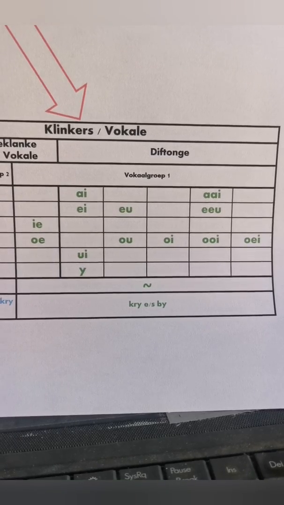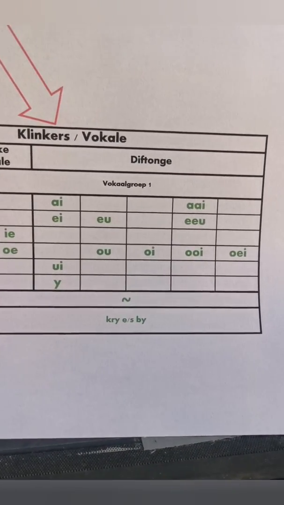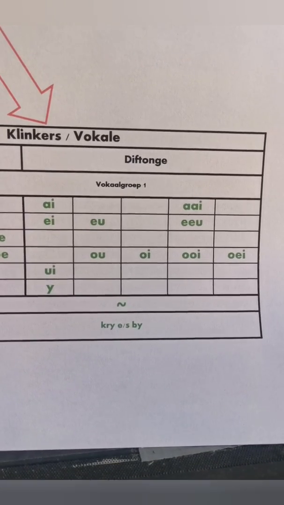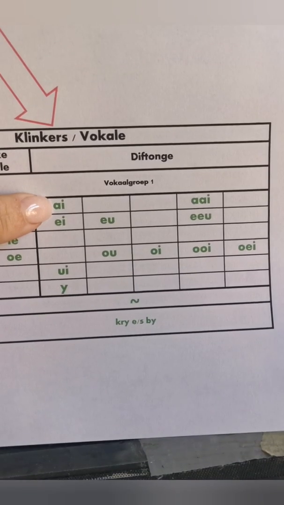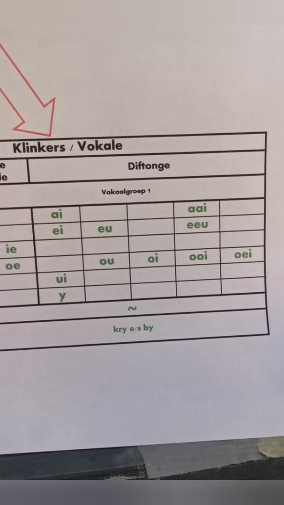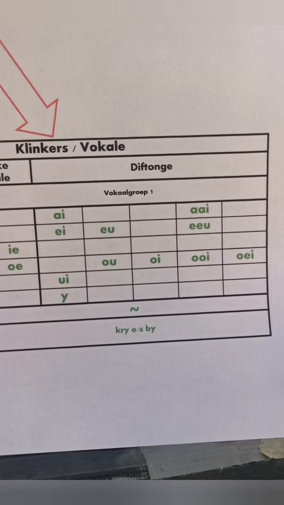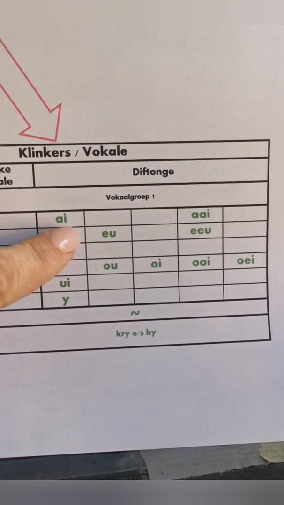Now I'm going to explain to you how to make that sound, and what to do with your mouth when you pronounce those sounds. So this one starts with an a, it ends with a i. So it starts with a big open mouth and it ends with a flat mouth. It says ai.